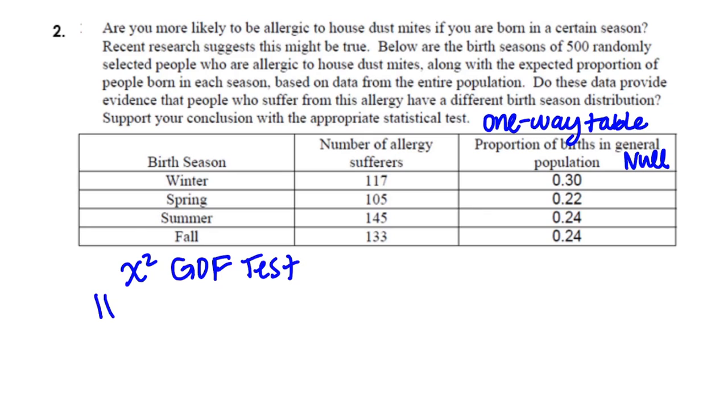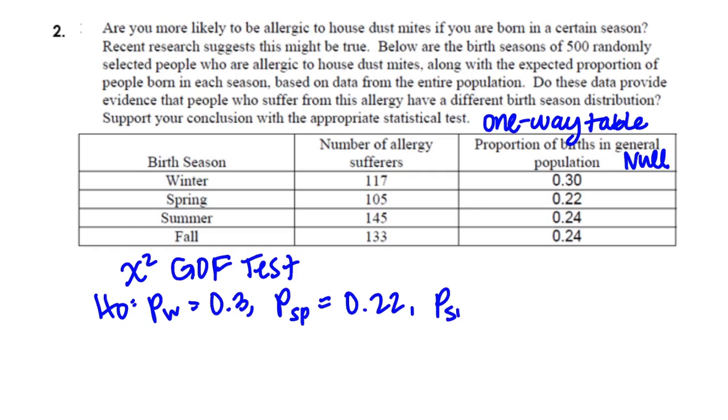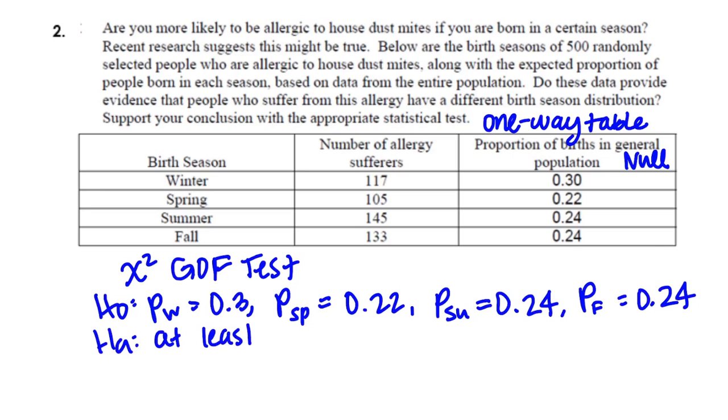So for our HO, we list out those proportions. So I'll just do P of W equals 0.3, P of SP for spring equals 0.22, P of SU for summer is 0.24, and then P of F is 0.24. And then for our HA, remember we write at least 1 or 2 if you want to write 2.